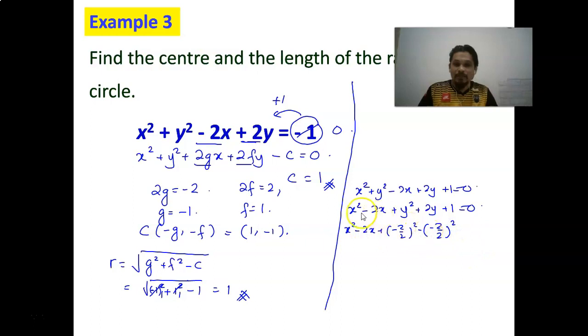This part is only for x squared minus 2x. Now the y part: y squared plus 2y plus (2 divided by 2) squared minus (2 divided by 2) squared plus 1 equal to 0.